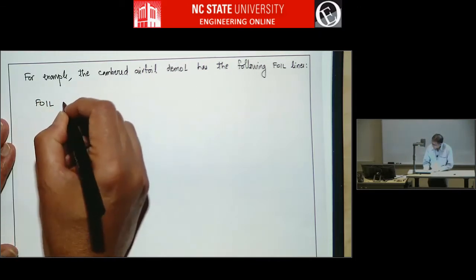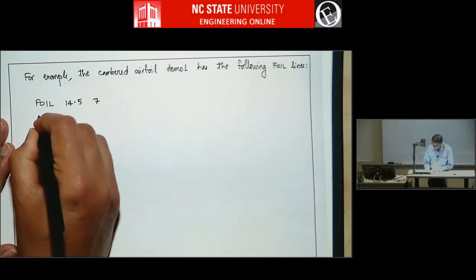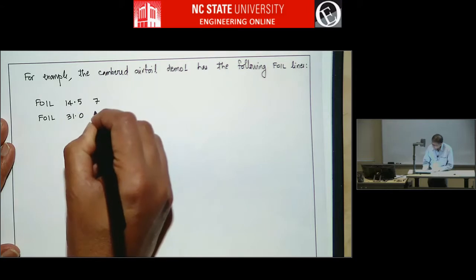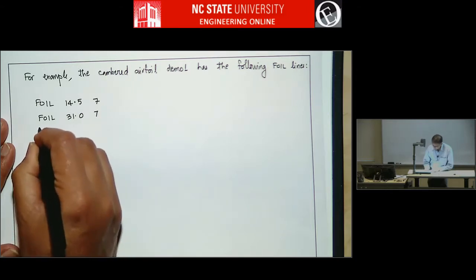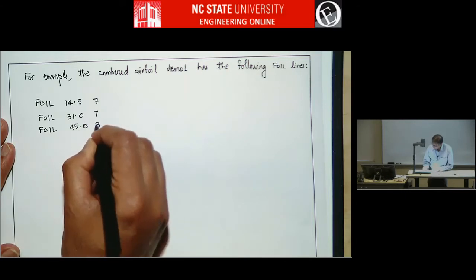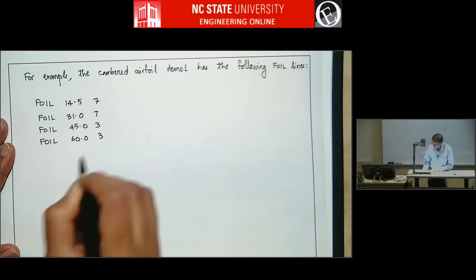So it's got foil 14.5, 7, foil 31.0, 7, foil 45.0, 3, foil 63.